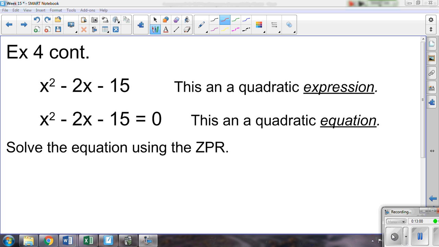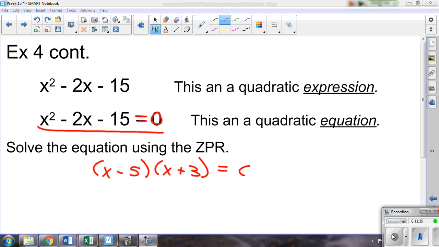For this example number 4, we want to solve the equation using the zero product rule. Well, of course, right now we can see that it does not currently fit the zero product rule. But we do have the equals 0 for the zero product rule, but we don't have the blob times blob that we need, which of course is where factoring comes into play. We've already seen problems this year where we could factor this into its equivalent form, creating the blob times blob which we need, and now what?